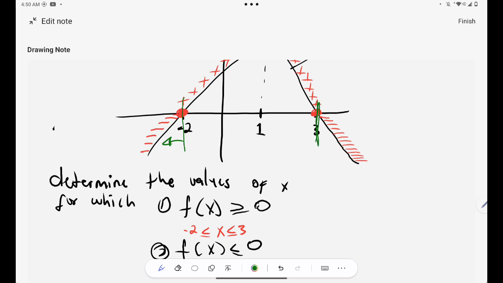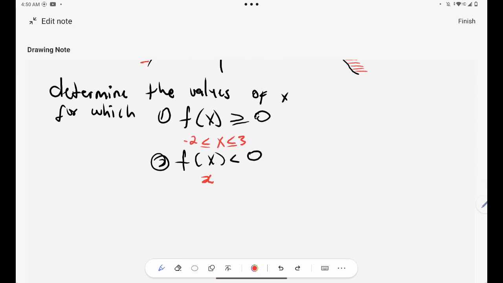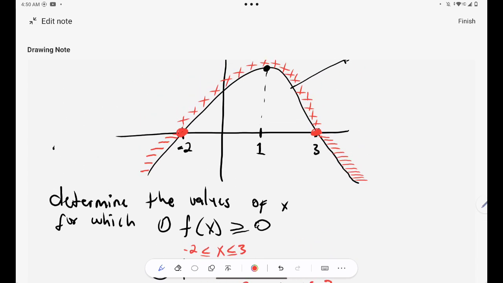When I move from 3 going to the right, my graph will be below the x-axis. So my answer will be whenever x is less than or equal to -2, or whenever x is greater than or equal to +3. Are you together?